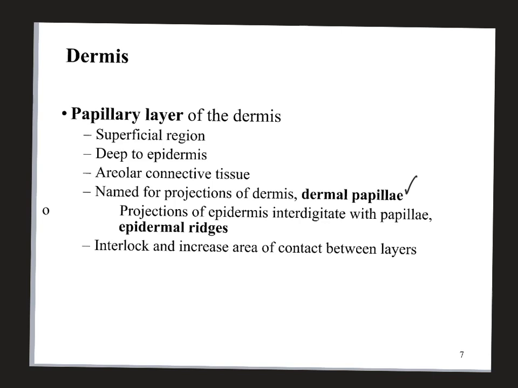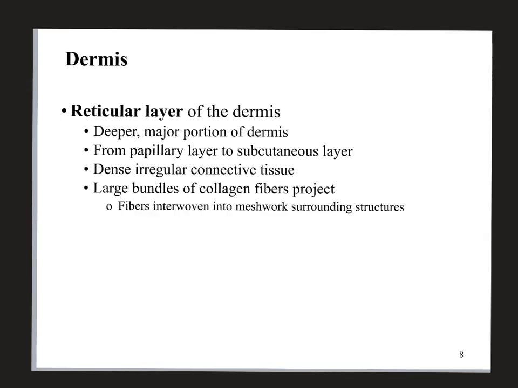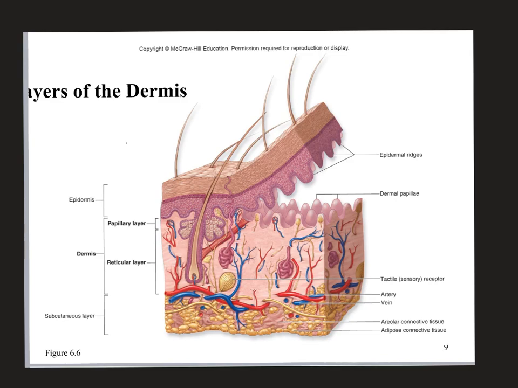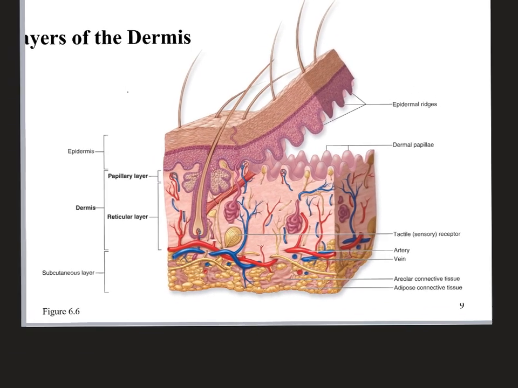These are important, the papillary layer especially, for interlocking with the epidermis, which keeps contact between those layers and keeps the epidermis attached to the dermis. The reticular layer, like I said, represents about 80% of the thickness of the dermis. That's the major, deeper portion. It is dense irregular connective tissue and has large bundles of collagen fibers, and those fibers form a meshwork surrounding the structures present in there.